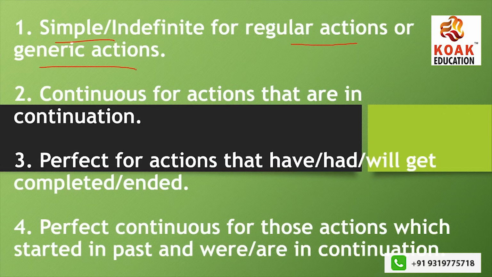For example, in simple present, a generic action is I eat pancakes. Future, I will eat pancakes. Generic actions, nothing much. Regular action means something that you do every day, or something that you used to do every day, or something that you will do in future.